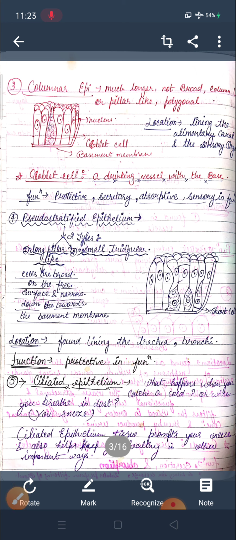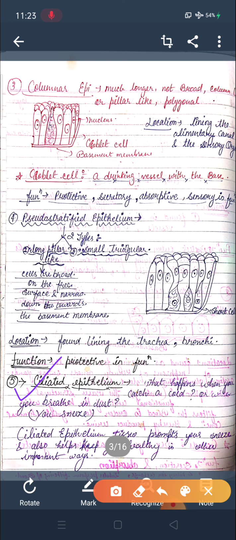Now let's move towards the next heading, that is ciliated epithelial tissue. Here I would like to ask a question: what happens when you catch a cold or when you breathe in dust?